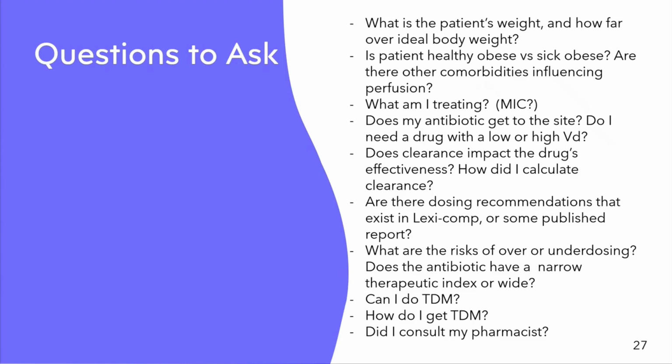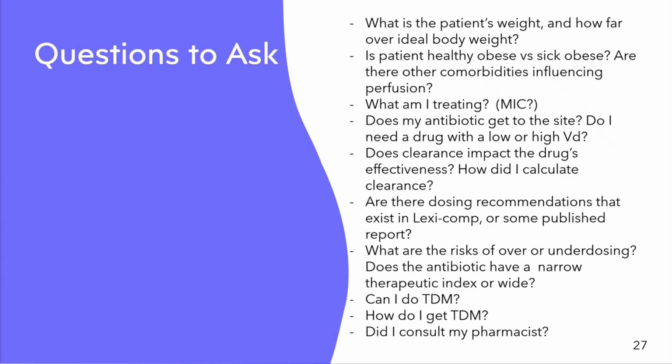After I have that patient information, the next questions I might ask myself are, do dosing recommendations even exist? So is there something in Lexicomp that I can refer to, or do I need to go and look for case reports or other published papers? What are the risks of either over or underdosing? Does the agent that I'm choosing have a narrow therapeutic index where there's a high risk for toxicity?